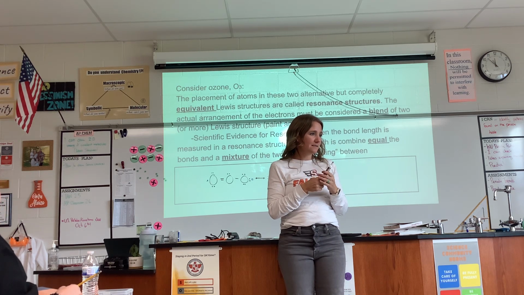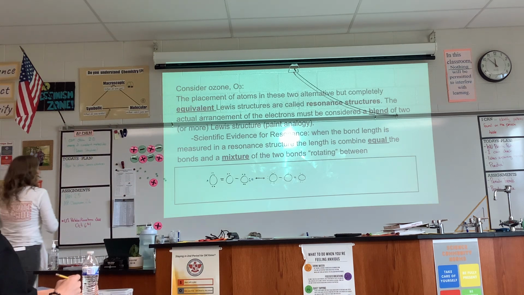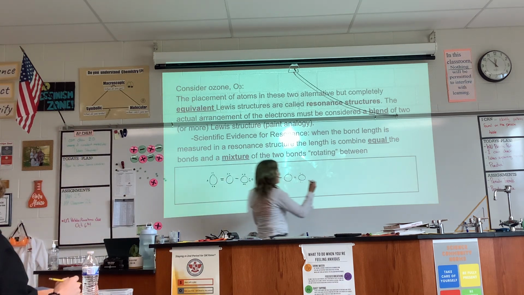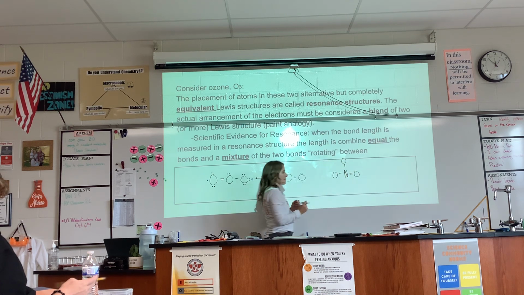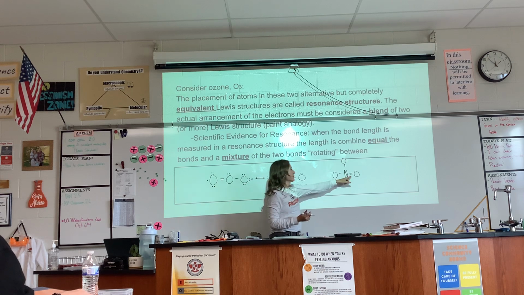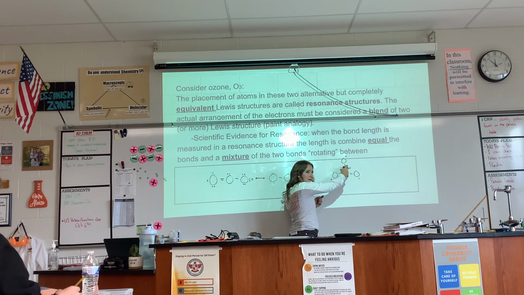How do you know if it's 3? An example would be the one I did, this one. That's a 3-way resonance, because once again, if we say this is A, B, and C, the double bond could be on B or it could be on C. Does that help?